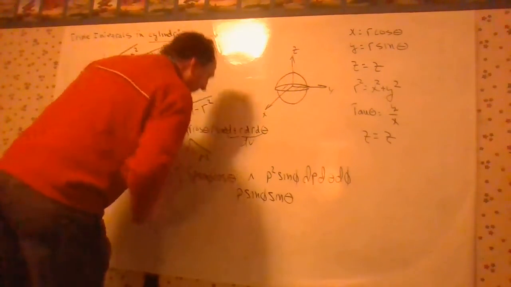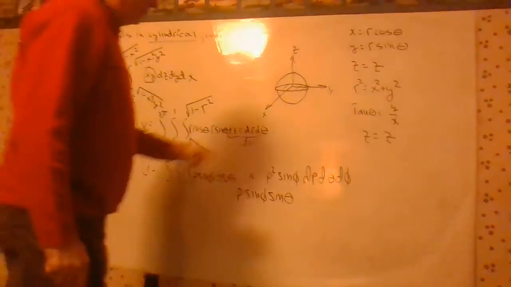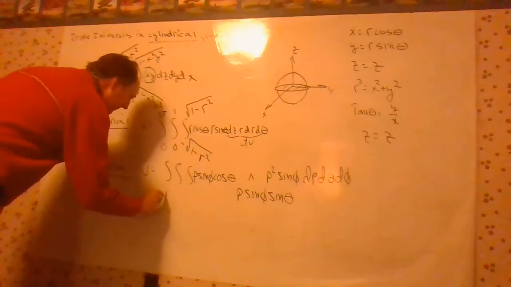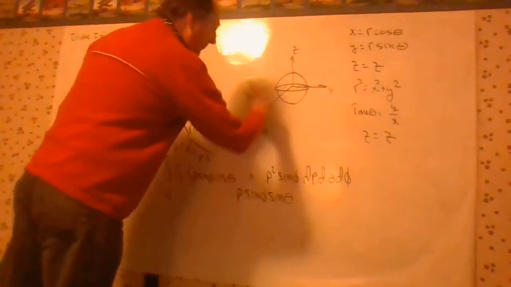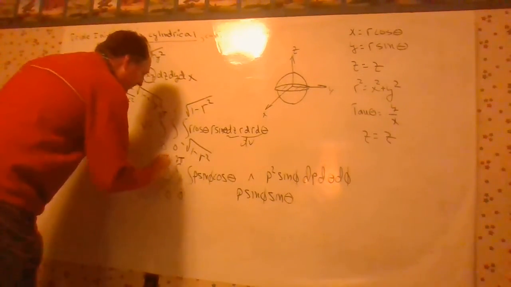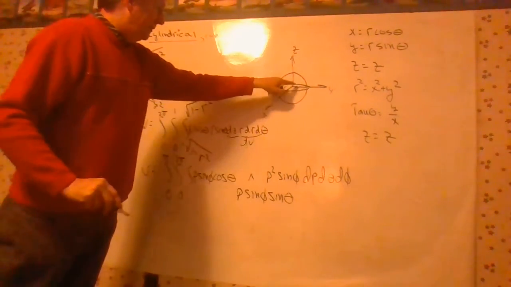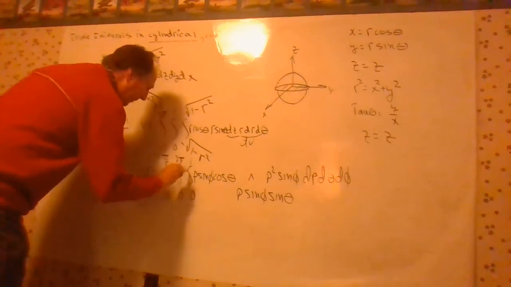We're a little bit pinched for space here, but that goes right in there. Then our limits: phi goes from 0 to pi. Theta goes all the way around the circle, 0 to 2 pi. And then rho just goes from 0 to the outer extremity of the sphere, 0 to 1.